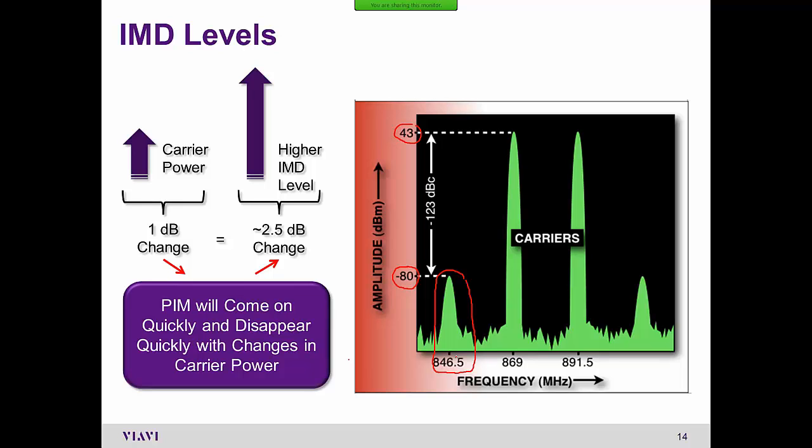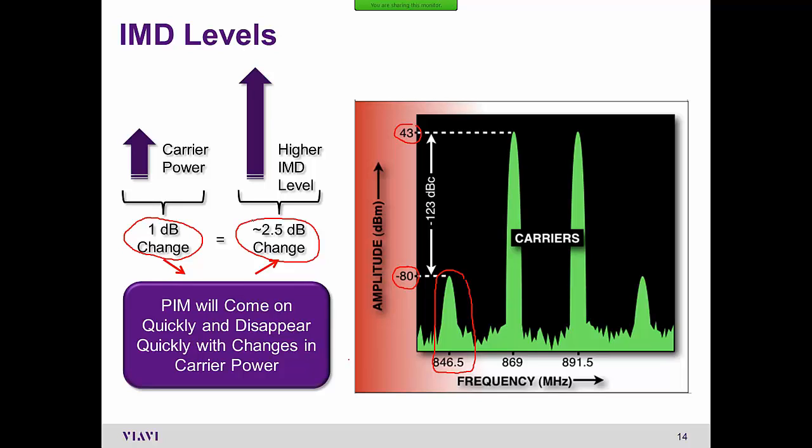Well, if you are just barely on the edge of producing PIM and the base station passes the PIM test, and then you turn up your base stations and you're transmitting much higher power levels, remember 1 dB change in a transmit can translate to 2.5 or 3 dB on the PIM intermod.